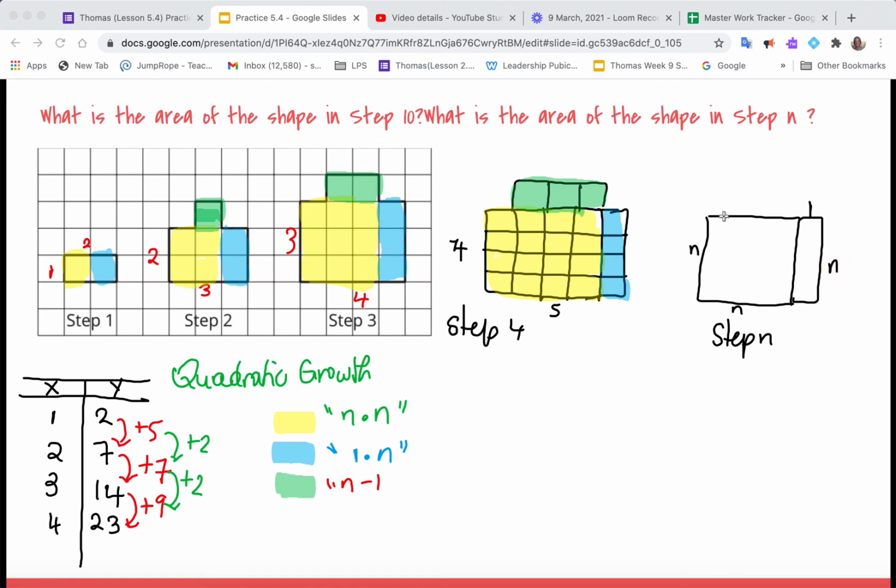And then on top we have a row of n minus 1 times n. So the expression that gives this is going to be n squared plus n plus n minus 1, and when we simplify that, it's going to be n squared plus 2n minus 1.